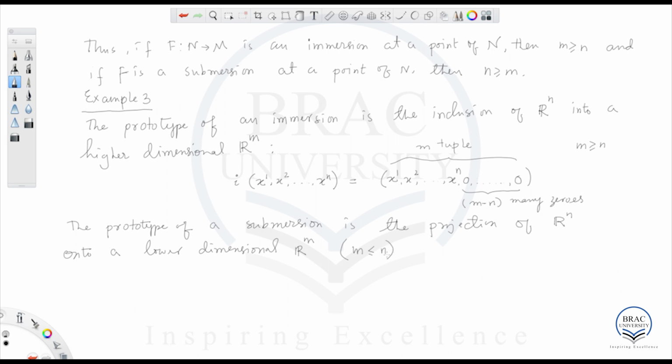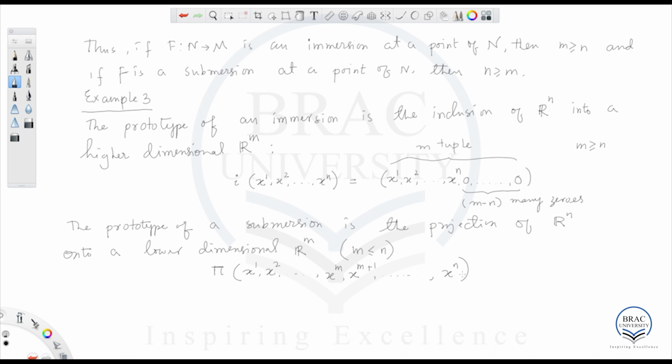So pi is a projection, pi acting on an n-tuple, right? So (x1, x2, all the way up to xn), and after which comes x_(m+1) all the way up to xn.